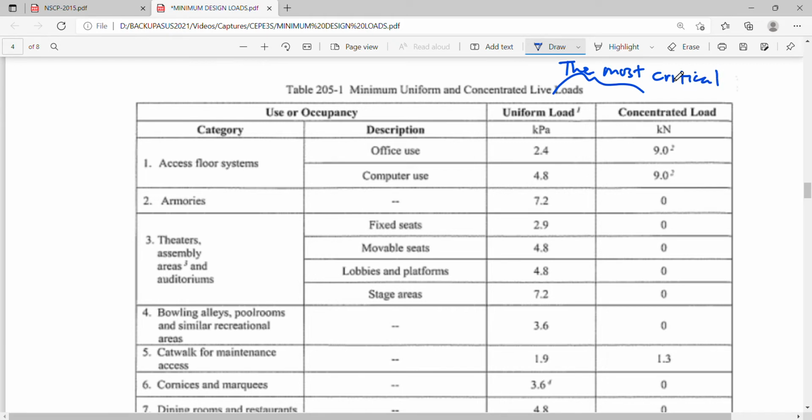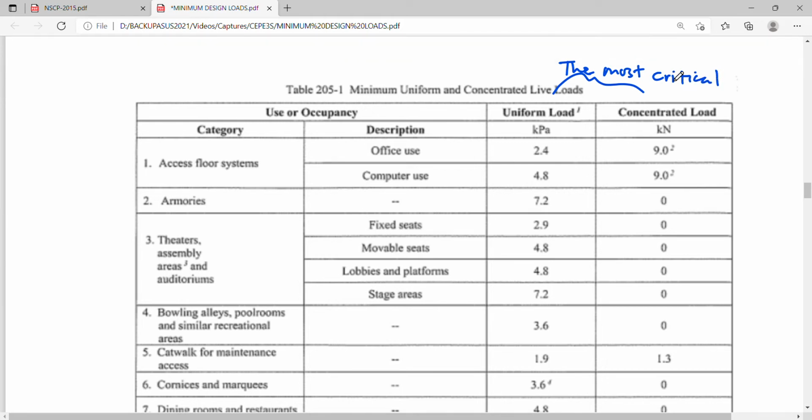So when you say more critical, the one that will be giving you the maximum stresses in terms of flexure, maybe shear, specifically for continuous structures, because shear and flexure always go hand in hand, considering the flexibility of the structural members concerned, just like a beam or a column.